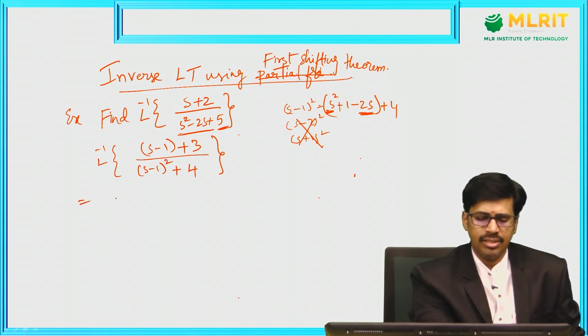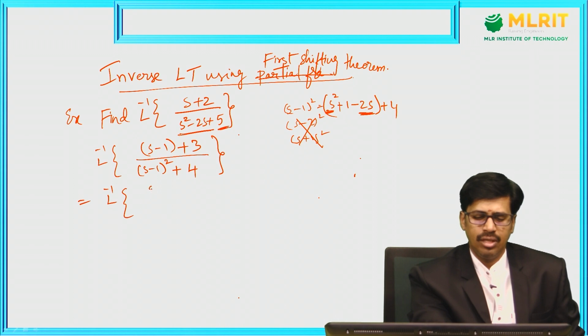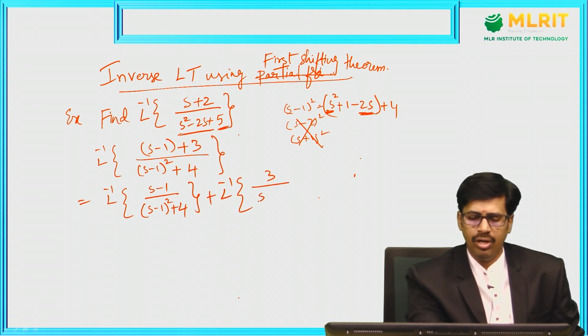This can be written as, we split this: L inverse of (s − 1) by ((s − 1)² + 4) plus L inverse of 3 upon ((s − 1)² + 4).